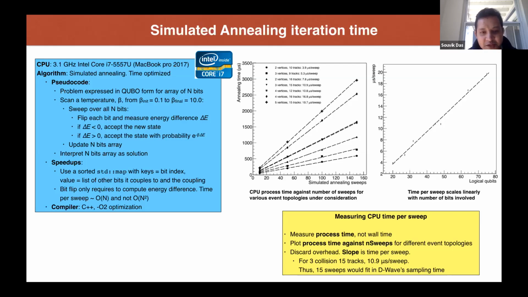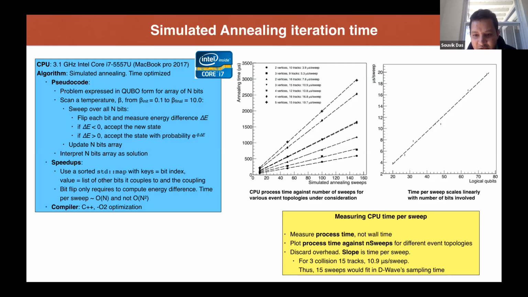It's purely C++, and everything is done directly on RAM, so it's as fast as possible. As you can see on the middle plot, for different event topologies, like 2 vertices, 10 tracks, a simple topology that requires 20 bits, that takes about 3.9 microseconds per sweep.